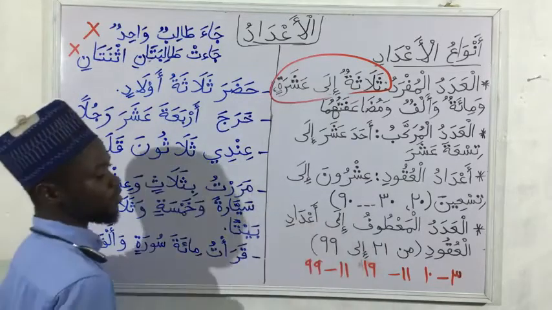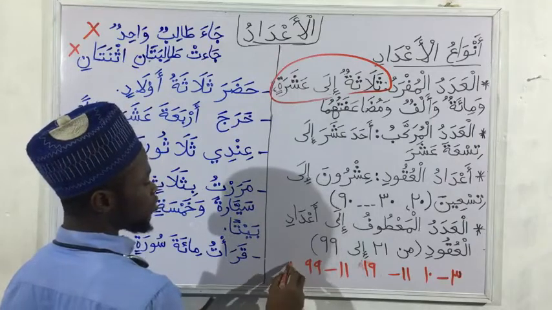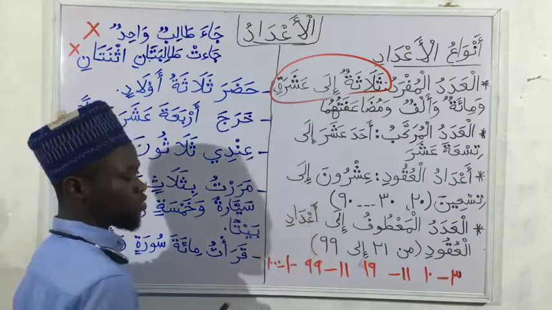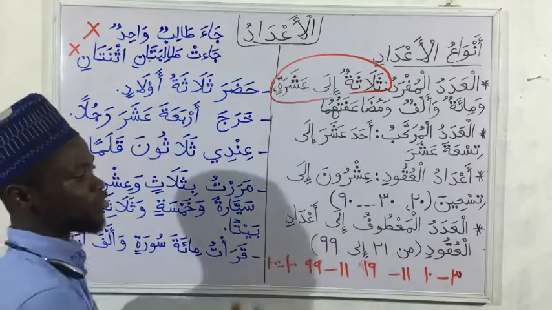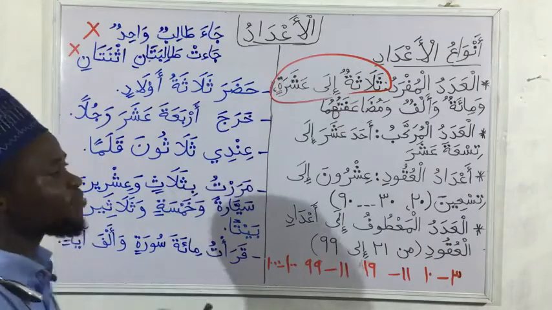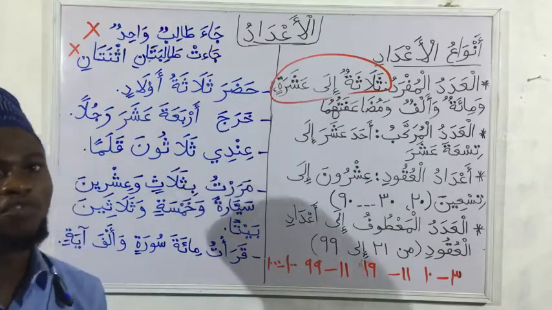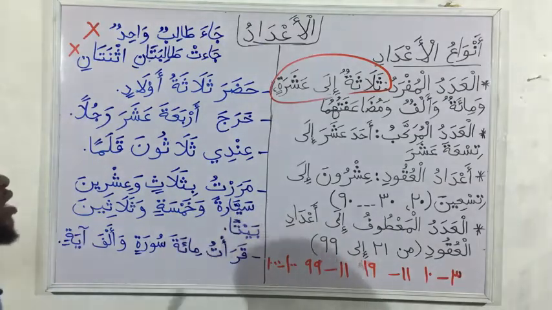And also, for the last part, we'll be looking at thousands and hundreds. Also, we'll be looking at the Matuf. So all of them have their different rules guiding them. Before we move into Tamiz proper, we are going to look at how these adad are formed.